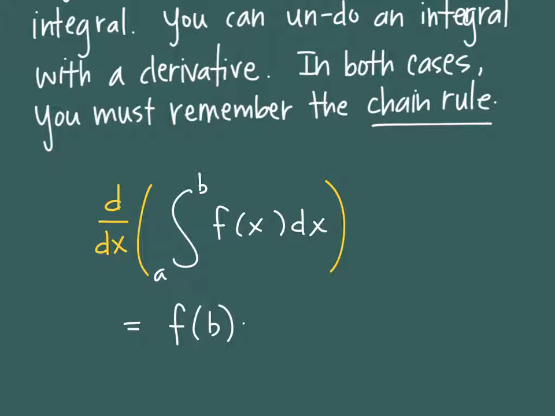Almost, I would say 50% of the time people forget the chain rule. Not only do you have to plug in the top bound of B, but you also have to multiply by the chain rule of B prime. Then you subtract, and then you plug in the lower bound of A, but you also have to remember to multiply by the chain rule of A prime.